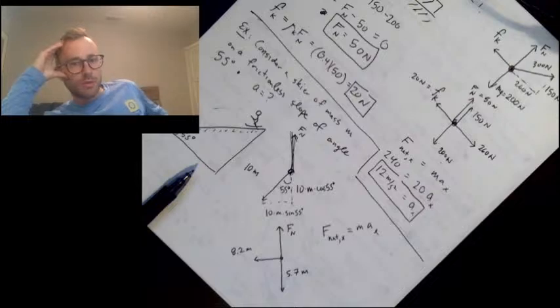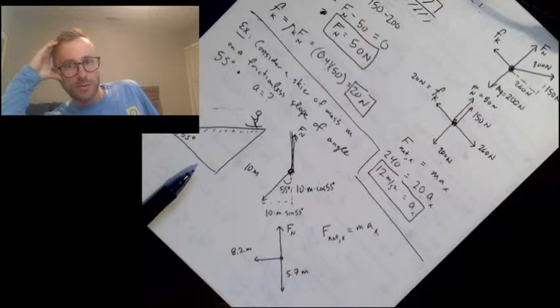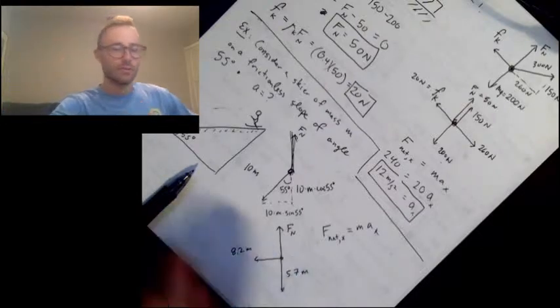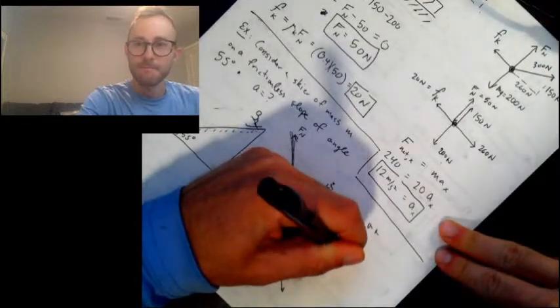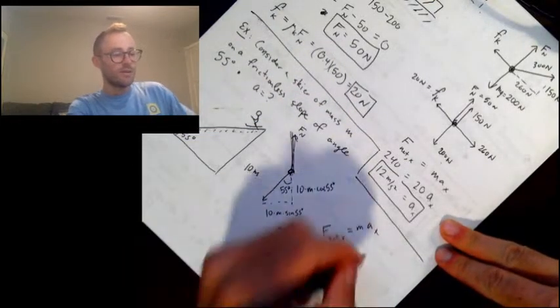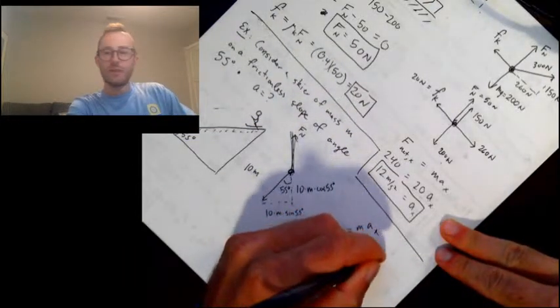I'm waiting for a response. Net force in the x direction. 8.2 m. Yes, it's actually going to the left, so it's negative 8.2 m. Don't forget that this equals m a sub x.